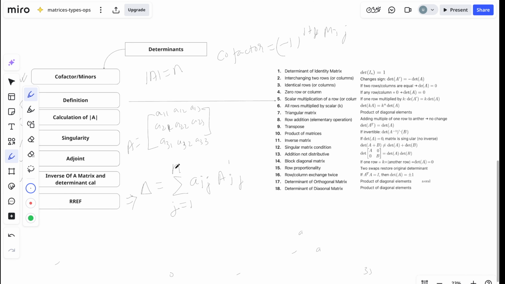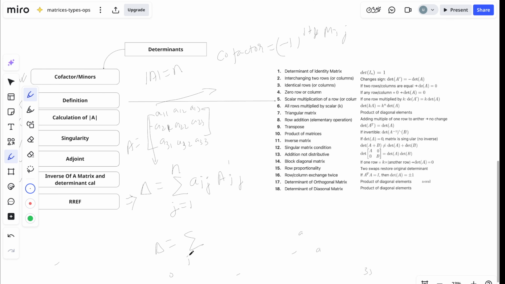Let's try and understand. The determinant of A can be calculated along the row also or along the column also. This is the first thing. So when I say j, that means I'm trying to calculate the value of determinant along the column. This can also be written as along the row, i equal to 1 to n, Aij.